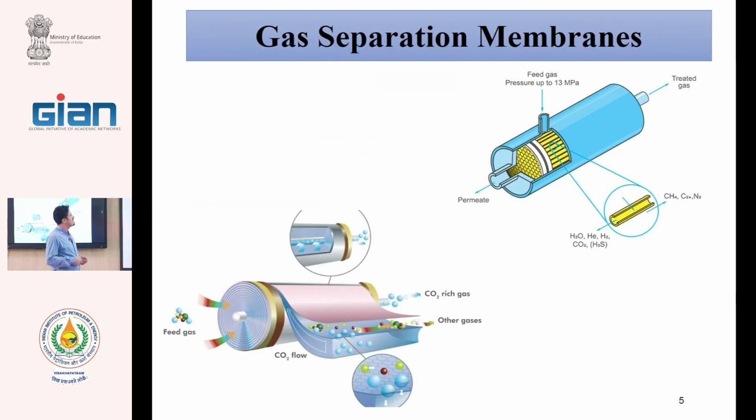Most gas separation membranes are fabricated as hollow fibers, because hollow fiber has a very high surface area and we have high efficiency. But in some cases, we also have spiral wound gas separation, and also plate and frame. One company in the world produces plate and frame gas separation modules.